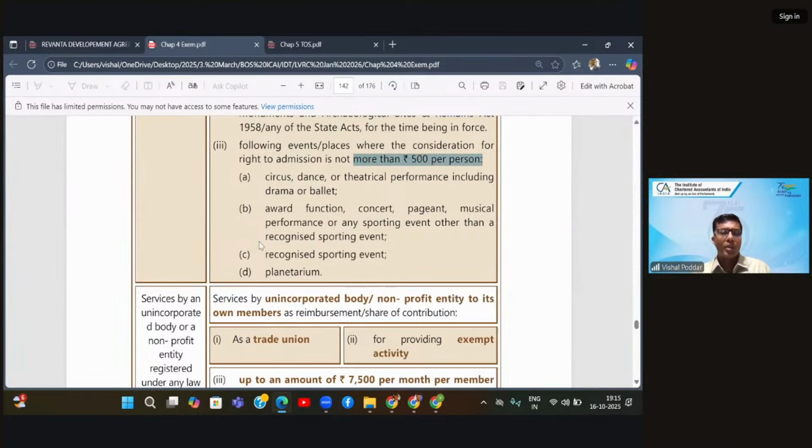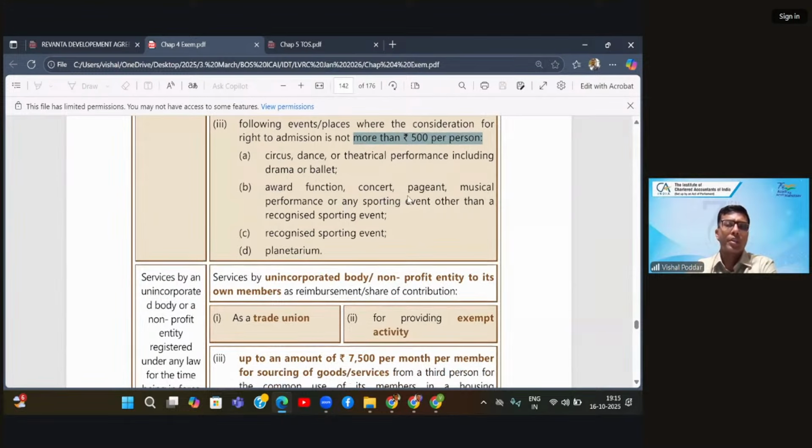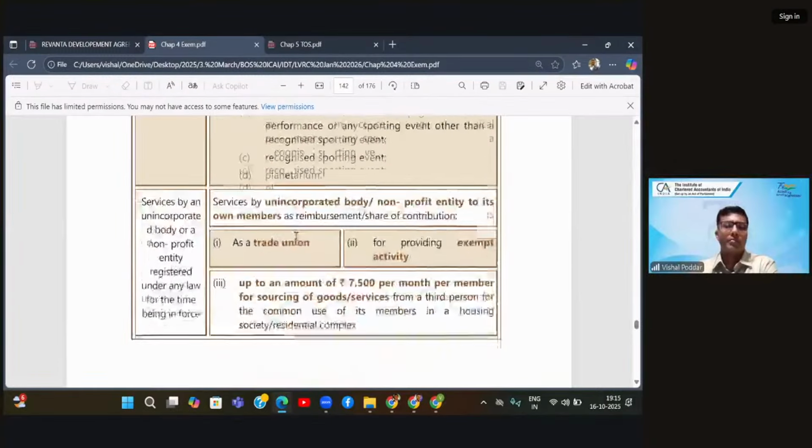So for the following, up to 500 per person is exempt. So it is you are going for a circus, a dance or a theatrical performance, or an award function, a concert, or a musical performance, or a sporting event by a recognized sporting body. All these are exempt up to 500. Beyond 500, it is taxable.